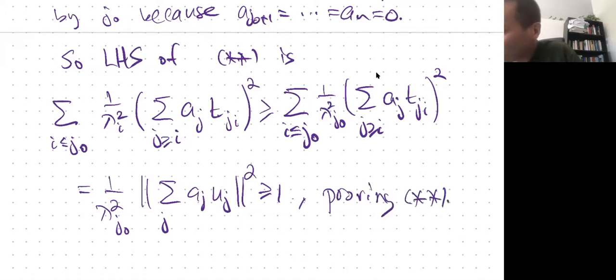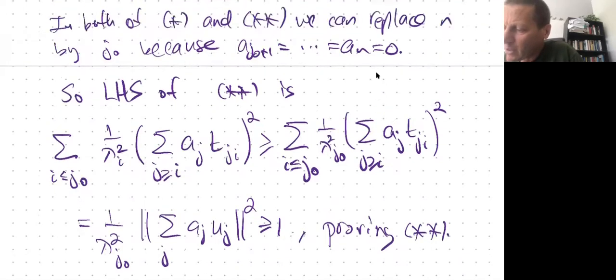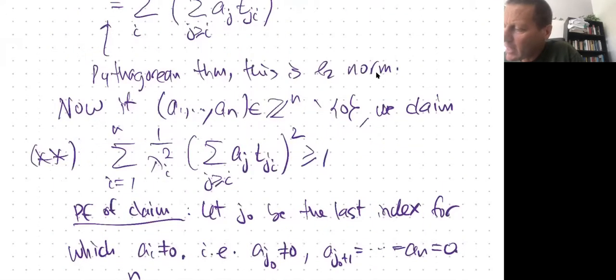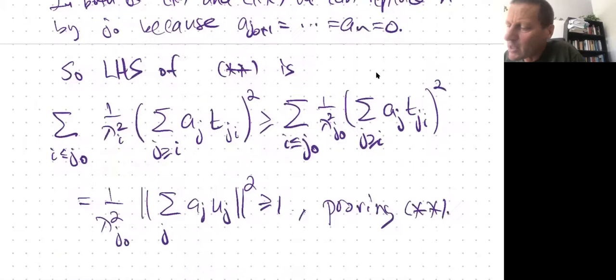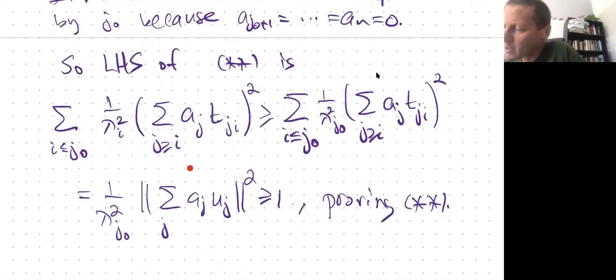So I'm claiming that this is the proof of the claim. Let's first check that. We're proving that this sum is greater than 1. That's exactly the same claim, except here I have n instead of j0, and I already said that replacing n by j0 doesn't change anything. So this is the left-hand side of double star.